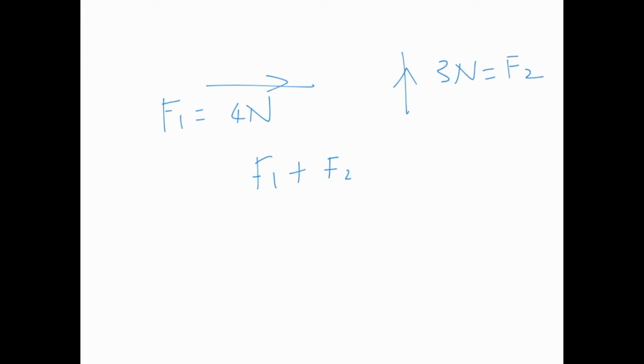Whenever they're not parallel, one of the best ways to solve it is to draw a vector diagram. A vector diagram is not the same as a free body diagram. A free body diagram means you draw the body with all the forces acting on it, and you just label all the forces. But a vector diagram has a specific way of drawing, and if you don't follow it, you'll get a wrong answer. So when I say F1 plus F2, that means I'm adding F2 to F1.